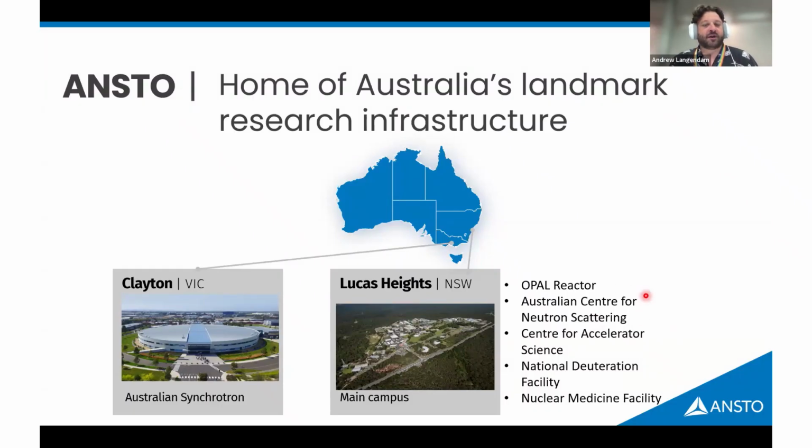So if you need to do anything like that, you can go up to Lucas Heights, but we are down in Clayton at our secondary campus, which hosts the Australian Synchrotron and National Centre for Synchrotron Science as well. We are on Bunurong country here down in Clayton and Dharawal country at Lucas Heights.